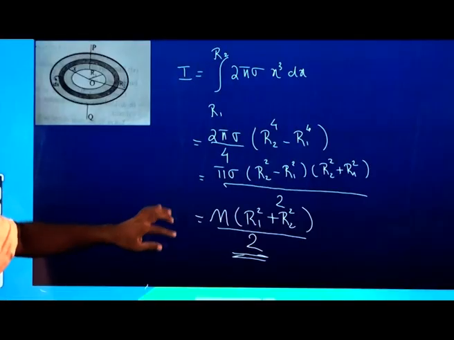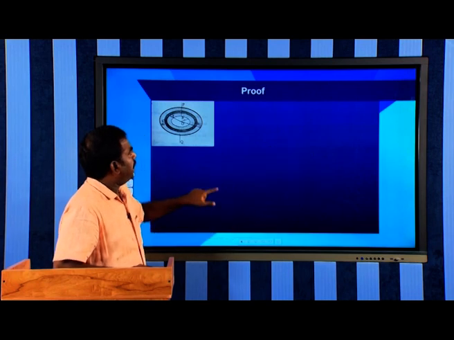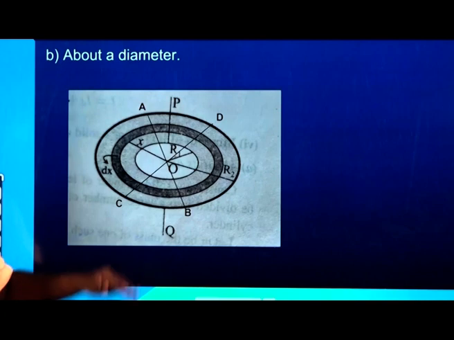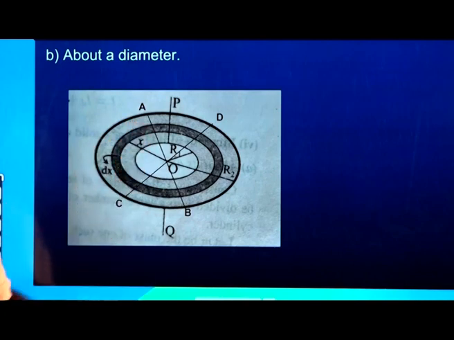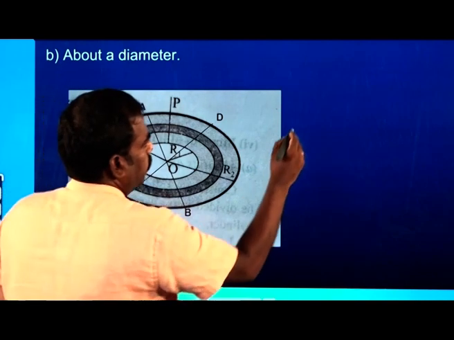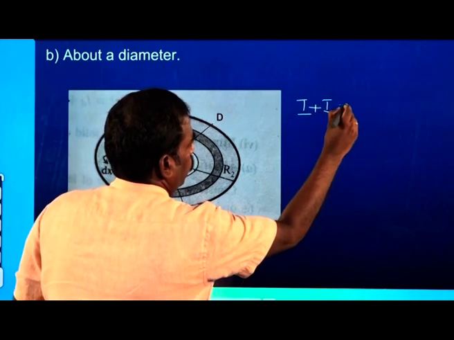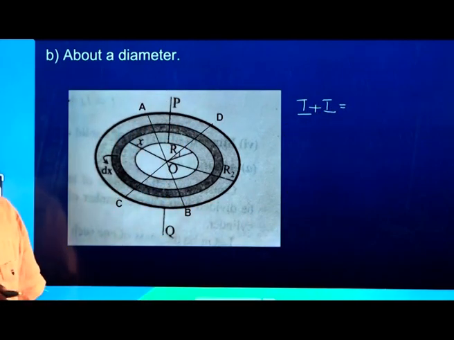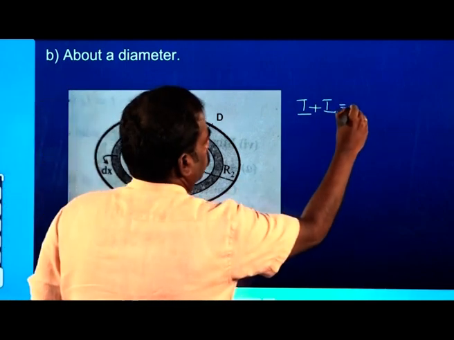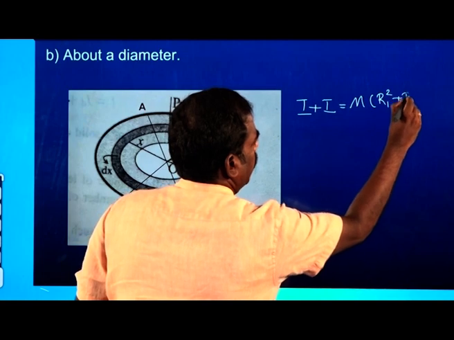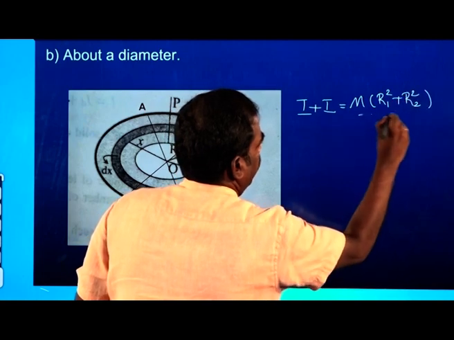Similarly, you will get the moment of inertia of the same annular disc about the diameter. Using the perpendicular axis theorem, I plus I equals M into (r1 square plus r2 square) by 2.